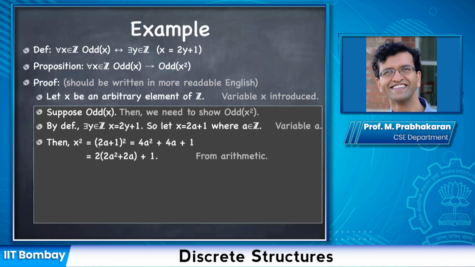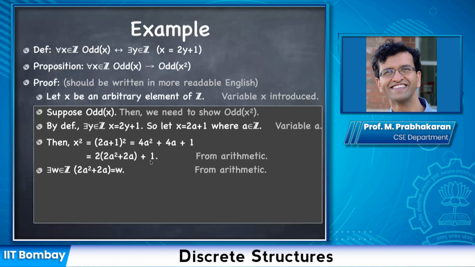So x squared, since x equal to 2a plus 1, x squared is 2a plus 1 the whole squared, and you know that is equal to 4a squared plus 4a plus 1, which you then write as 2 times 2a squared plus 2a, plus 1. So you got a new proposition, saying x squared equals 2 times 2a squared plus 2a, plus 1.